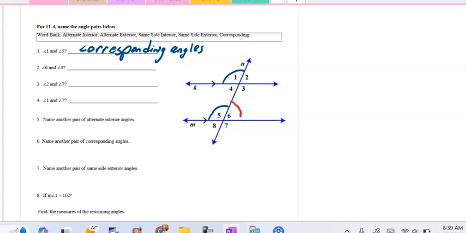Angle 6 in red and angle 4 are called alternate interior angles.